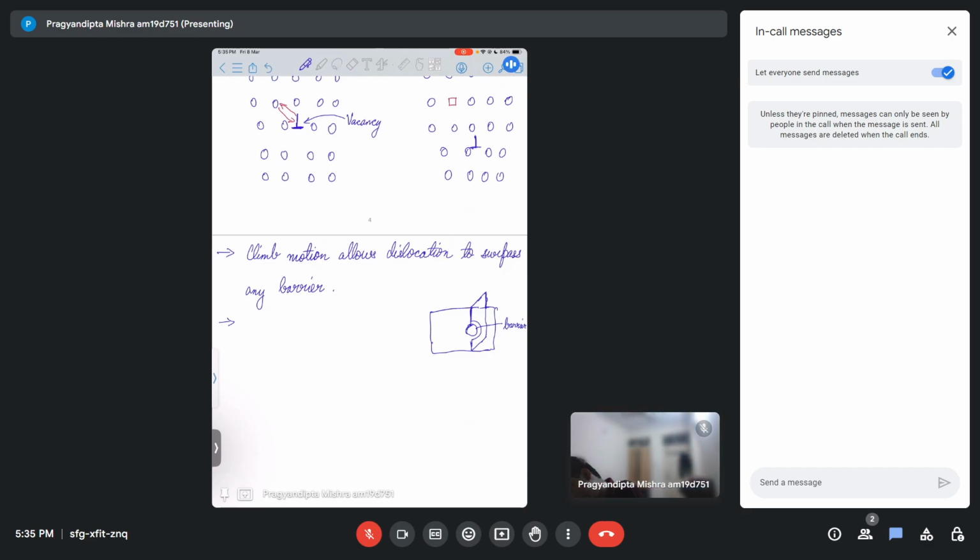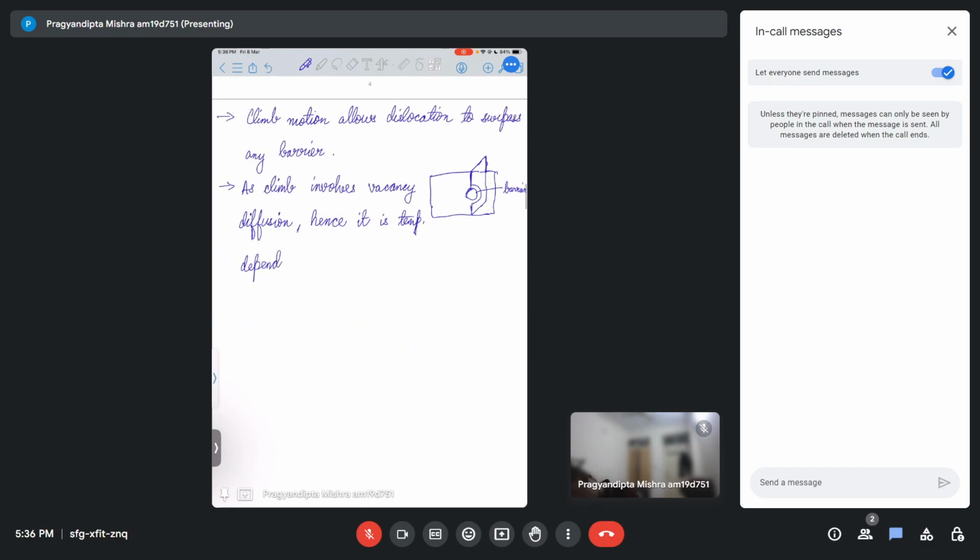So let's write that down. As climb involves vacancy diffusion, hence it is temperature dependent, and it is active only at higher temperature.